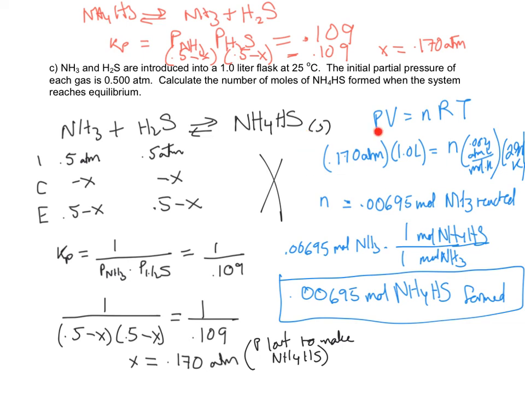Or why didn't I say, well, I can do PV equals nRT and solve for the n for NH4HS? No, because this is the ideal gas law. So again, if you made a mistake like this, you might get the correct answer because it's a 1-to-1-to-1 ratio. But if you look at your work, it would not make sense because this is the ideal gas law. You can't use it for a solid. So you gotta do all these steps here. That's a pretty good question there.